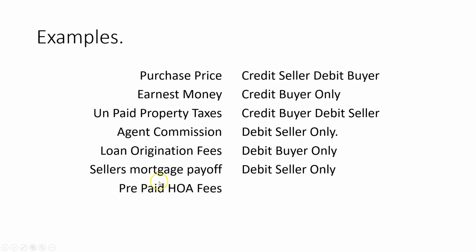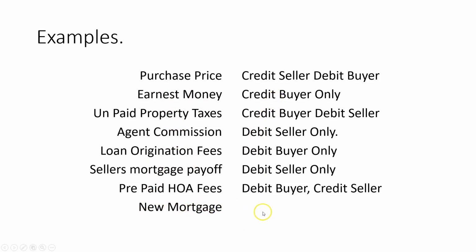They've been prepaid, therefore the buyer doesn't have to pay them for the year, which isn't fair, so it comes out of the buyer's pocket into the seller's pocket. Debit the buyer, credit the seller. New mortgage. Well, the new mortgage is basically the same as the earnest money. This is money coming into the transaction to pay for the property, and it's going to go into the buyer's pocket. And there we go.